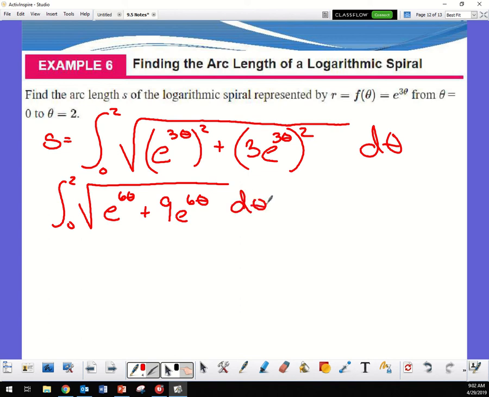We can combine those: 10 e to the 6 theta.